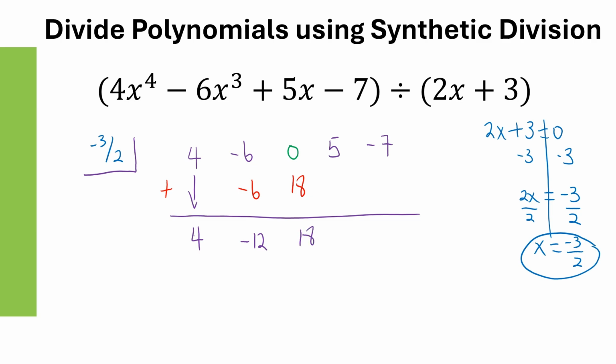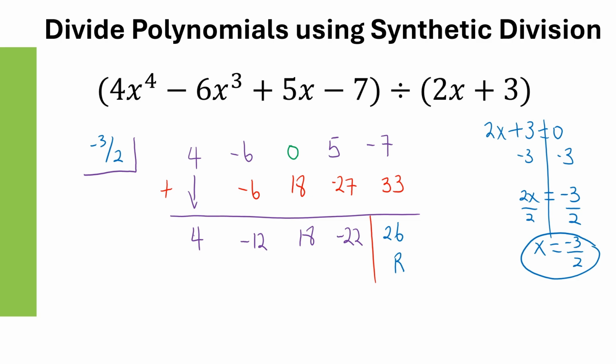And then multiply that value by negative 3 over 2 again, and that will give us negative 27. And then you add that value to 5, which is negative 22. Multiply negative 22 by negative 3 over 2, that will give us 33. And add 33 and negative 7, that will give us the remainder, which is 26.